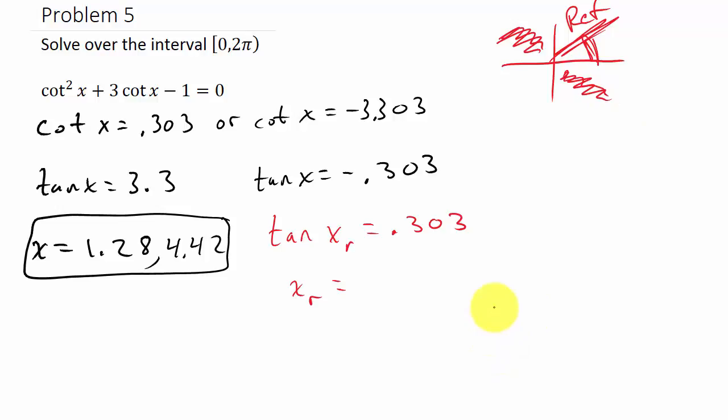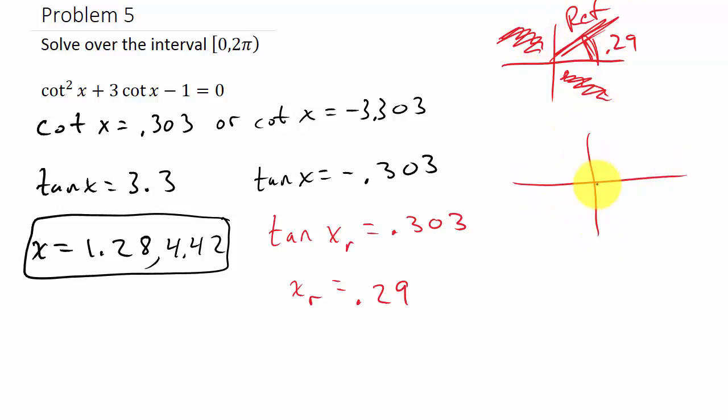So my reference angle, if I do inverse tangent of 0.303, is going to give me 0.29 radians. This angle here is 0.29 radians, but that's my reference angle. So I'm going to use this to find the second and fourth quadrant angles.